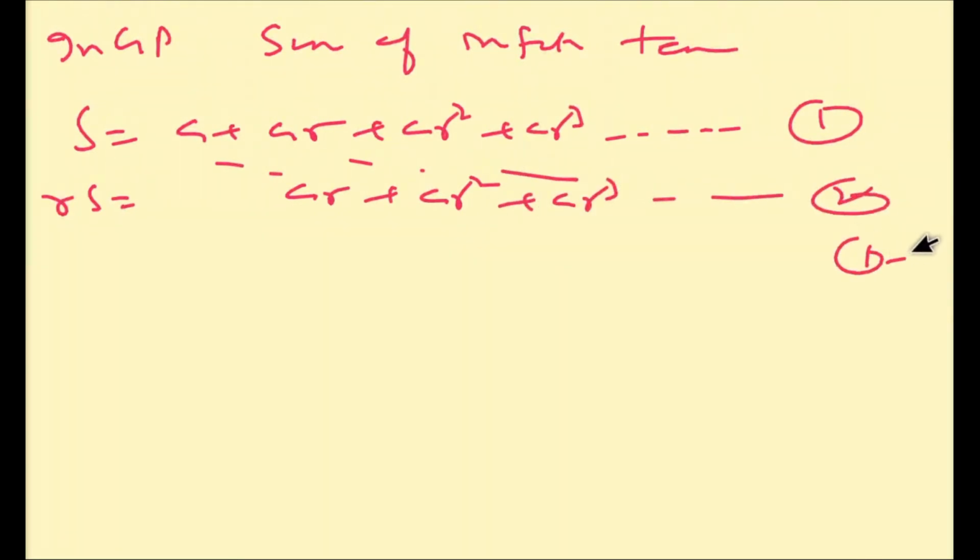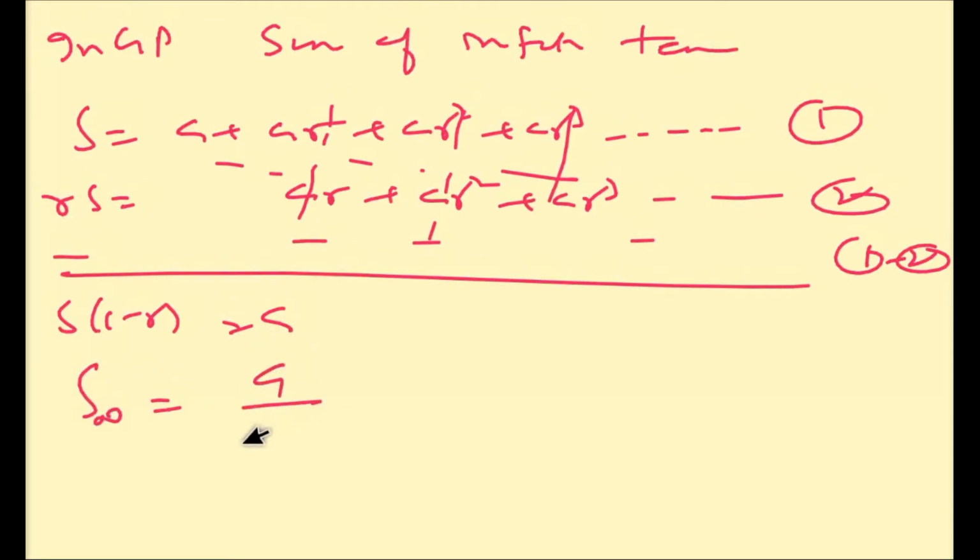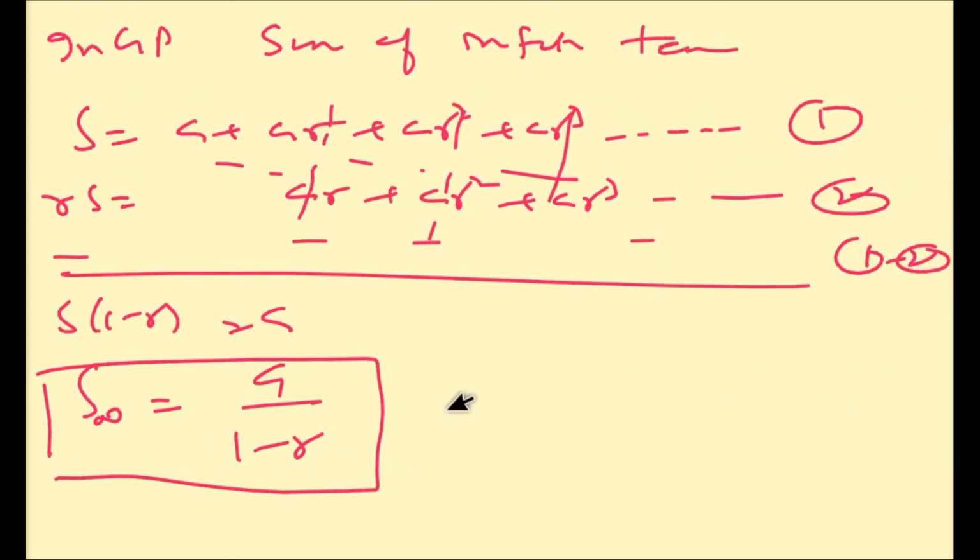Now subtracting it, what do we get? We get S(1 minus r) equals a, and all the rest cancel out. So S infinite, the sum to infinity, is a upon (1 minus r). And this formula will be used only if r is less than 1.